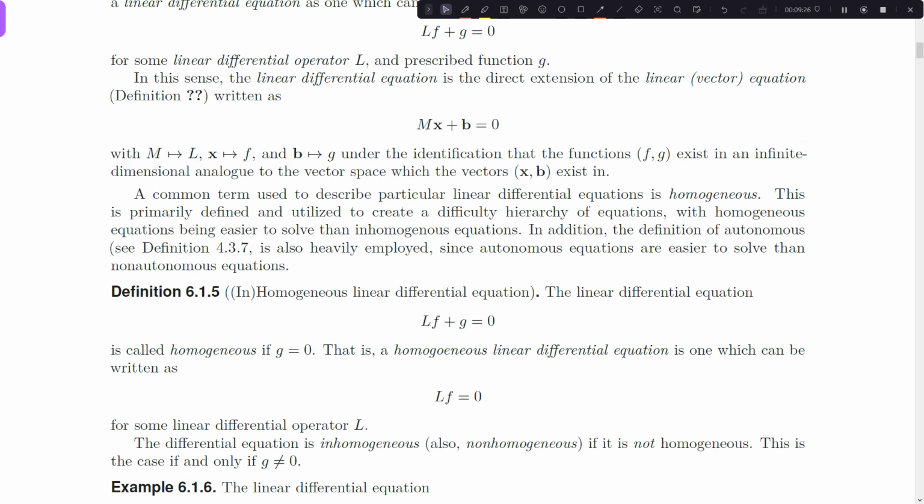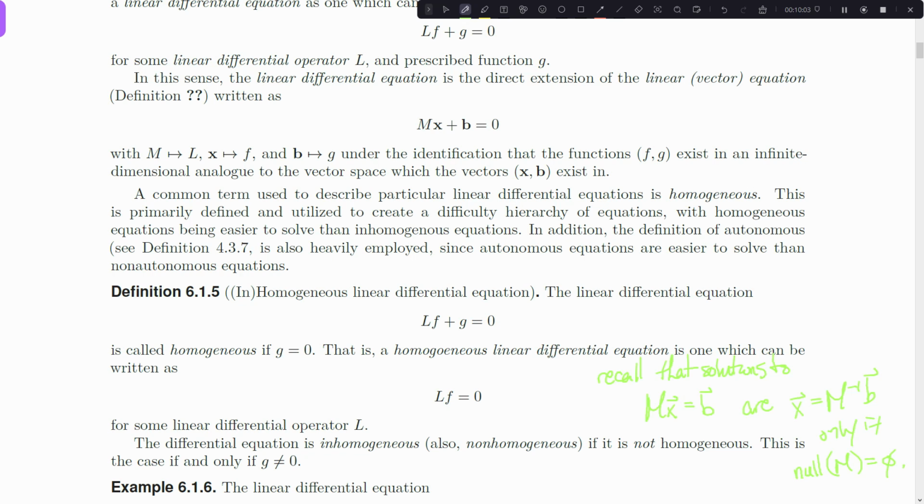And those are going to be important because recall that solutions to Mx equals b, my linear vector problems, are x equals M inverse b only if the null space of M is empty. Right?